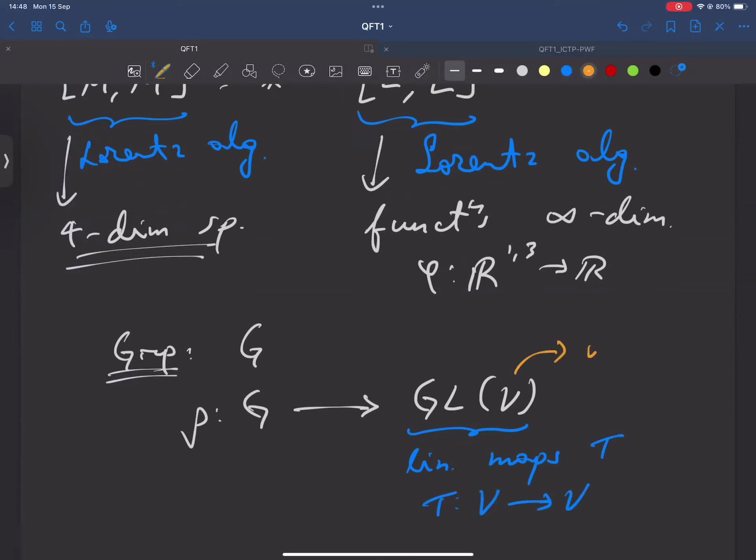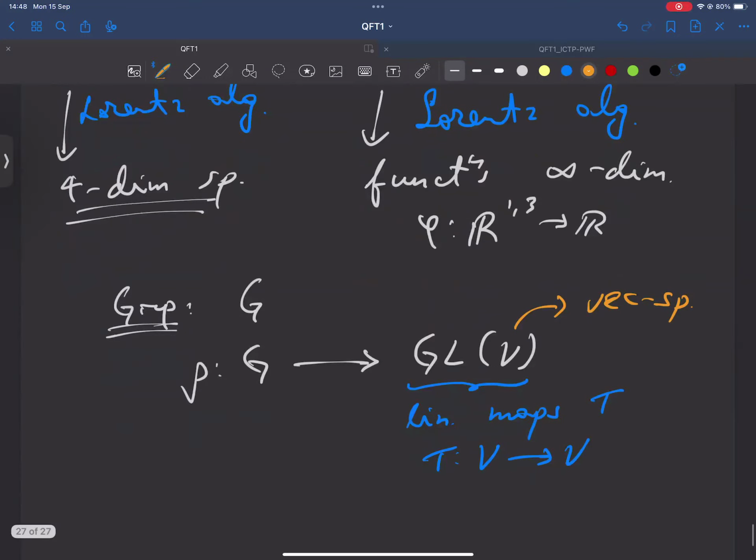Where V is a vector space, just your usual vector space. So it could be a vector space of functions, which is infinite dimensional, a vector space of coordinates, which is finite dimensional, two-dimensional, three-dimensional, four-dimensional, whatever. And so you consider all linear maps on that.